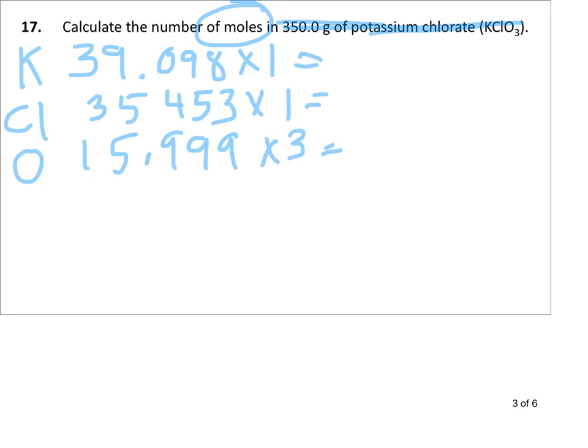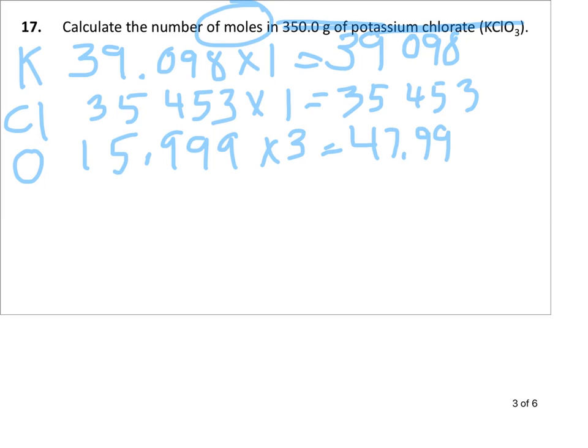We're multiplying 39.098, 35.453, and 47.997. Add all that up, we get 122.548 grams per mole. And we do our little conversion.